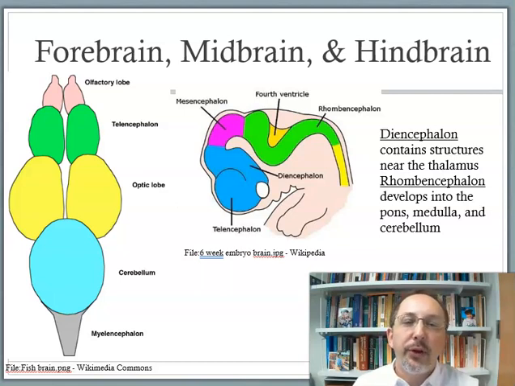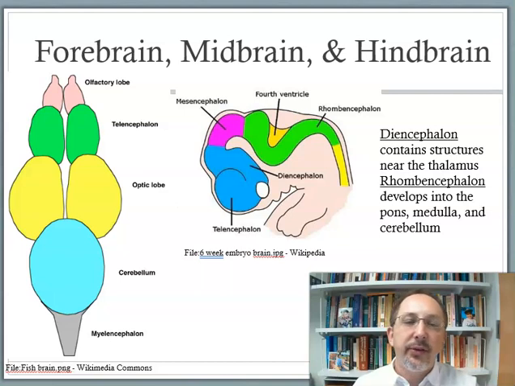And then for your embryo, what you should notice is the ratios of these things are really quite similar. A fairly small telencephalon and diencephalon, which contains your kind of thalamic nuclei and areas there. And then you get your hindbrain, right? Your rhombencephalon, which contains the pons, medulla, cerebellum.